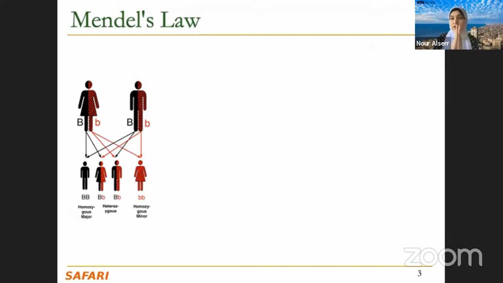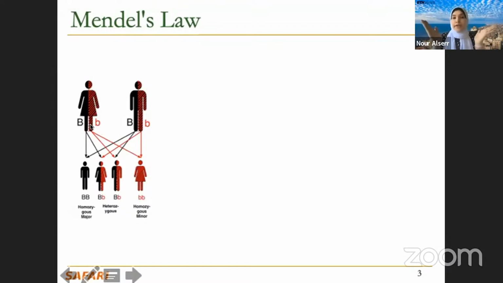Each location, each SNP, has 2 alleles, again, one from the father and one from the mother. Now, for each SNP, these 2 alleles can be a major allele, which we represent here by the capital B, or a minor allele, which we represent as the small letter b.